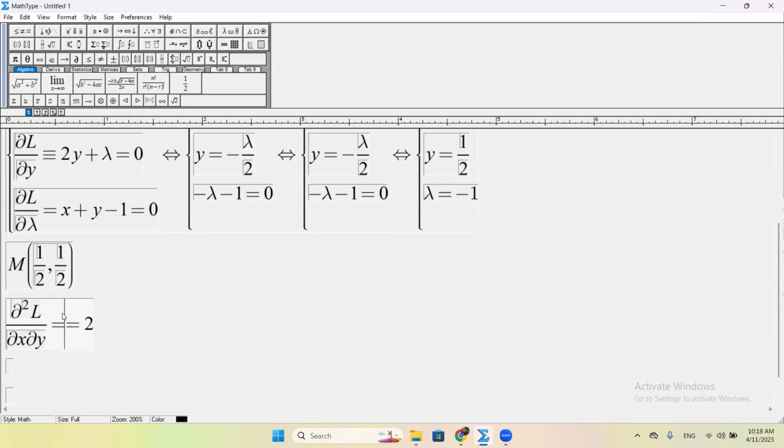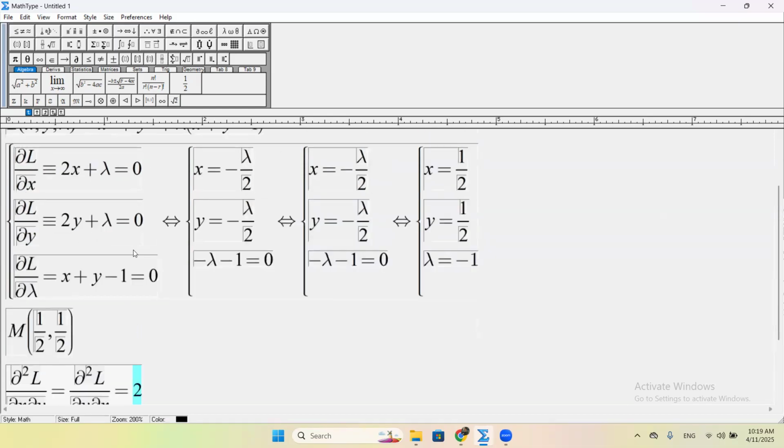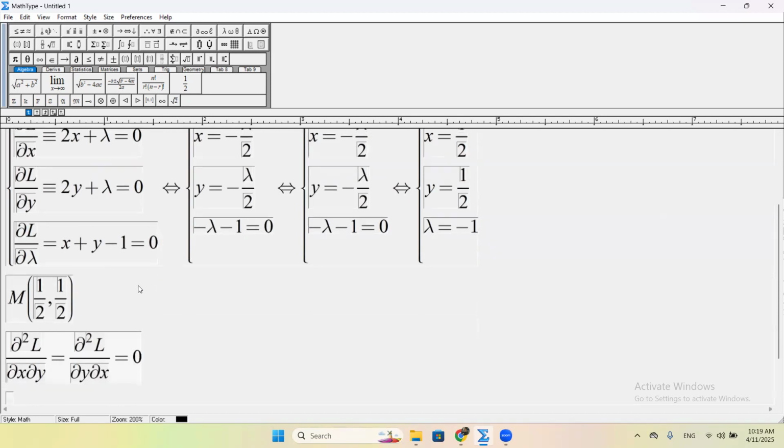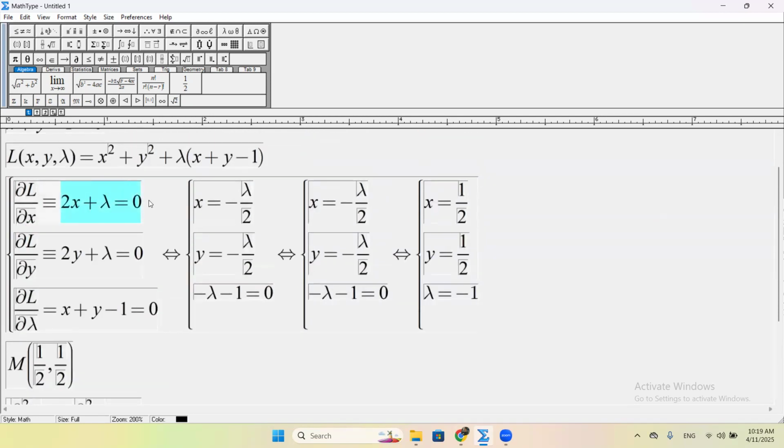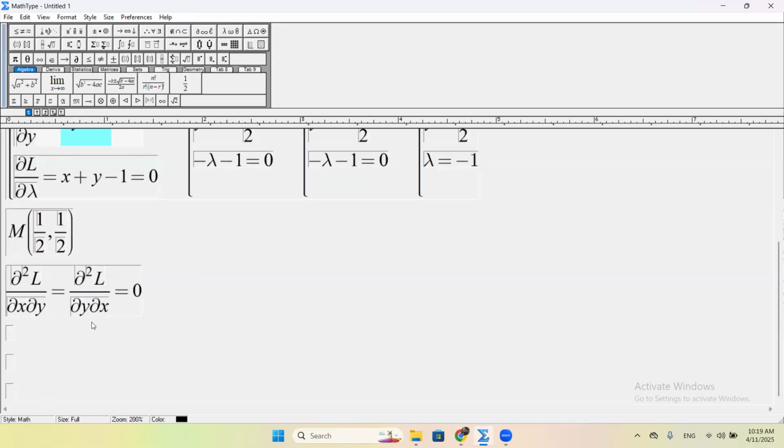And actually, if I differentiate in another order, it will even be equal to 0. So 0 if I differentiate by y, and 0 if I differentiate by x. And what about the other derivatives?